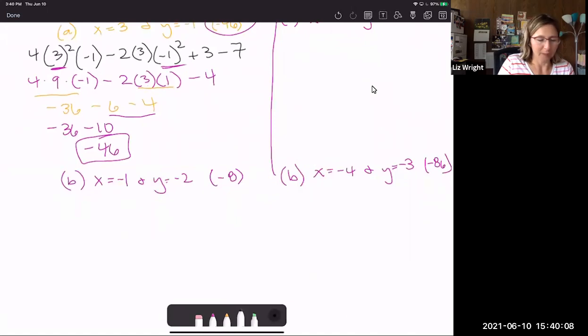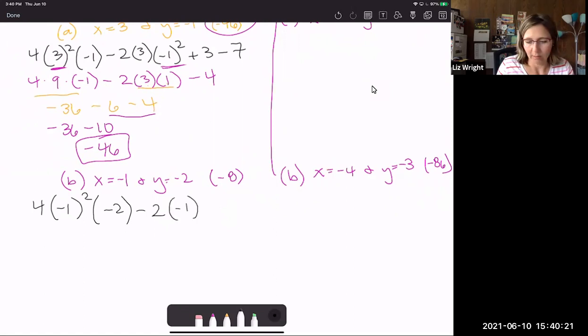Let's try the next one. So we've got 4 times -1 quantity squared times a -2 minus 2 times a -1 times a -2 squared plus 3, right? Minus 7.